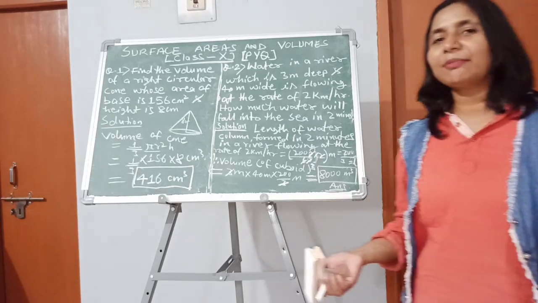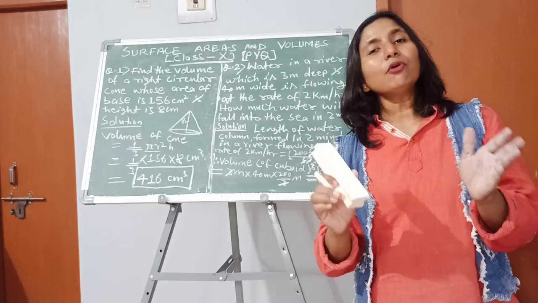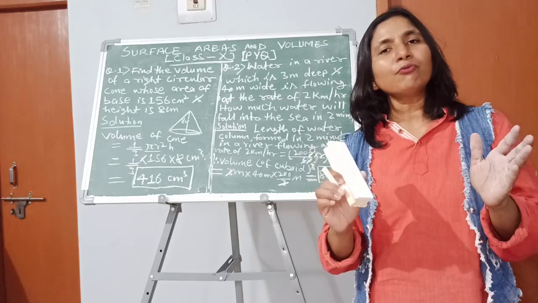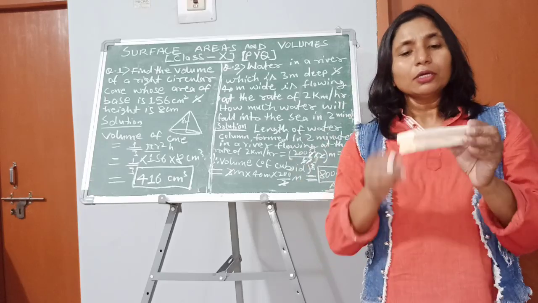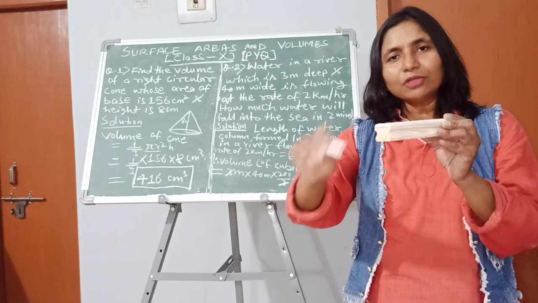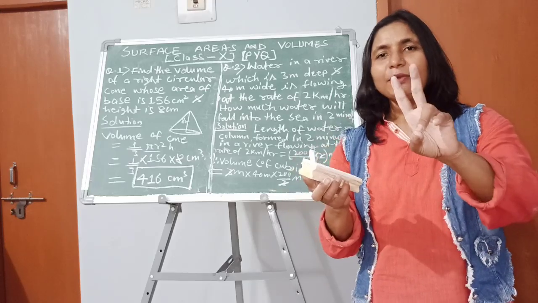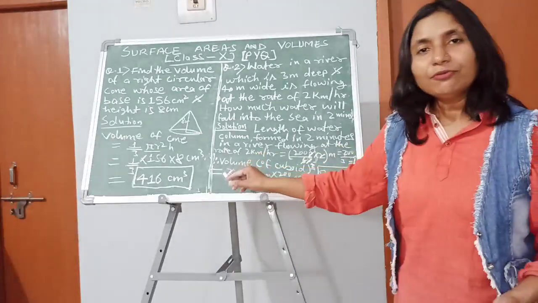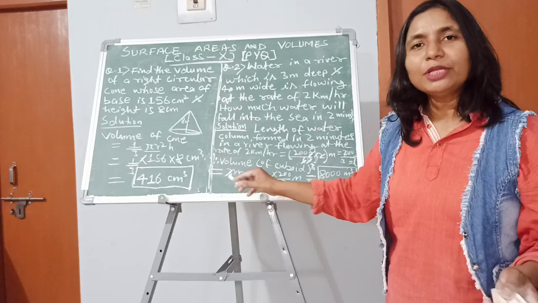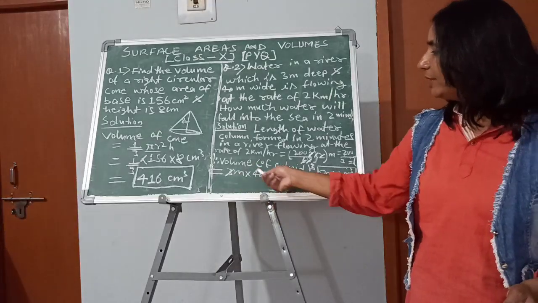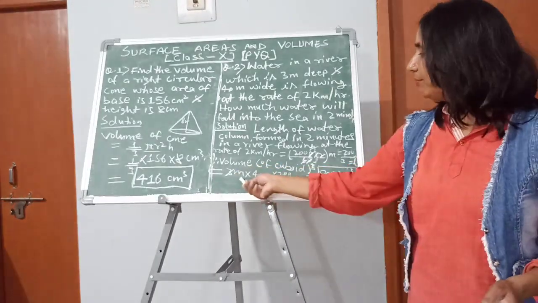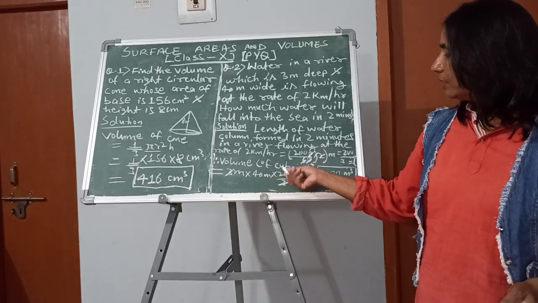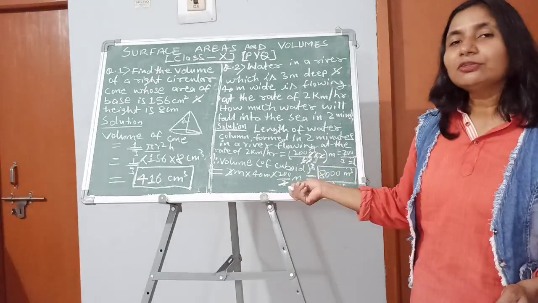Every dimension we have. So the required volume of water which will fall into the sea from the river in 2 minutes will be equal to the volume of the cuboid. The volume of the cuboid, we already know the formula, L into B into H. So L into B into H: 3 meter into 40 meter into 200 by 3 meter.